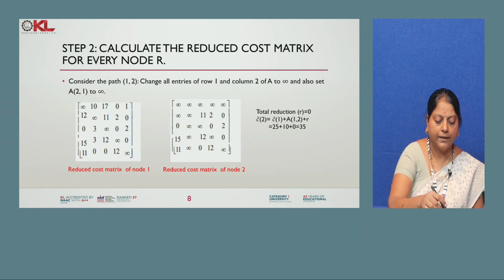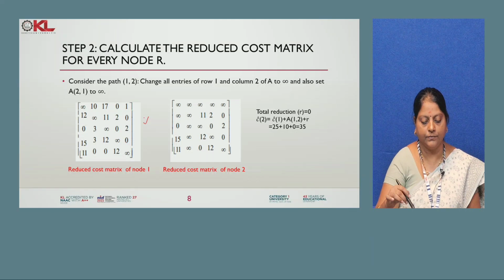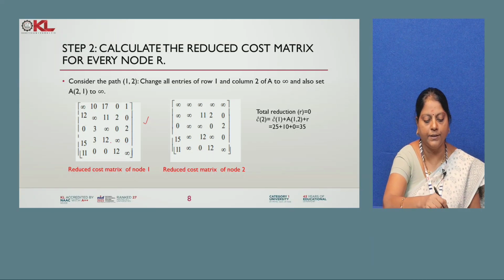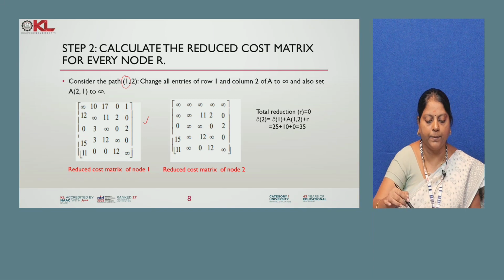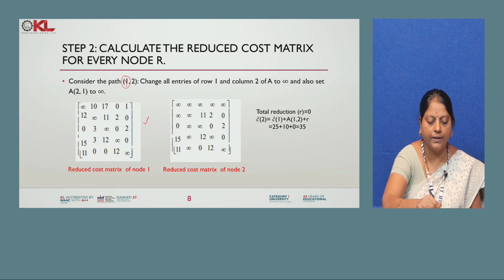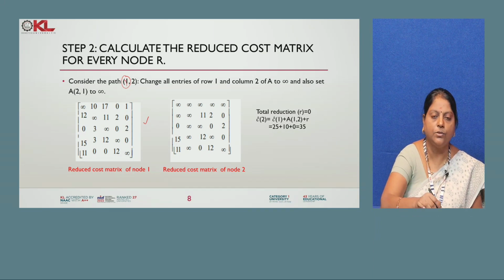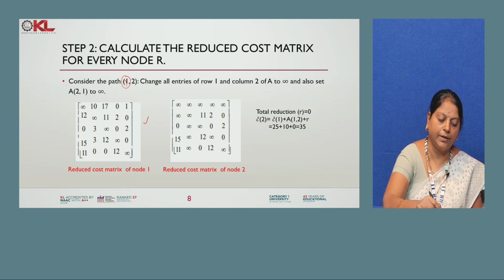We take the reduced cost matrix of root node 1. This is the reduced cost matrix of node 1. Since we are calculating the path from 1 to 2, 1 is the source vertex here. So we have to start at 1 and visit the other vertex, that is 2.